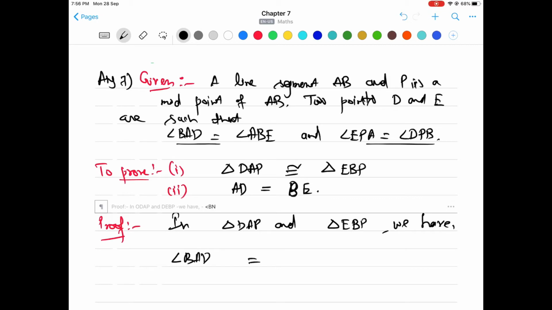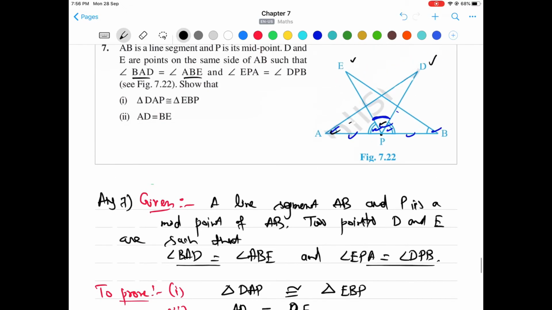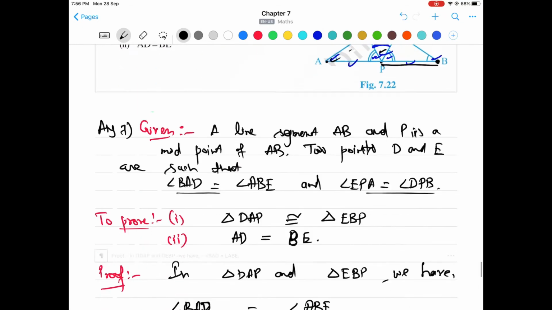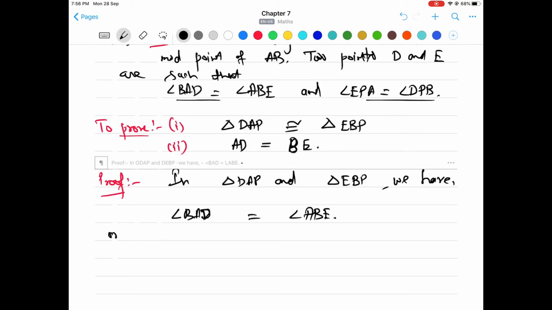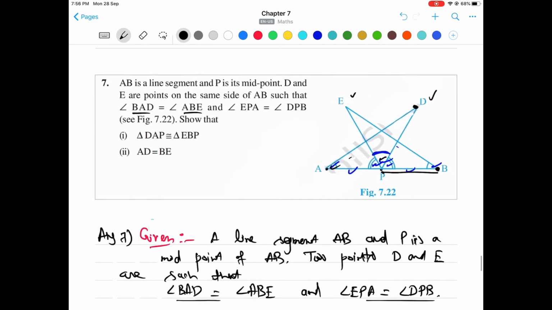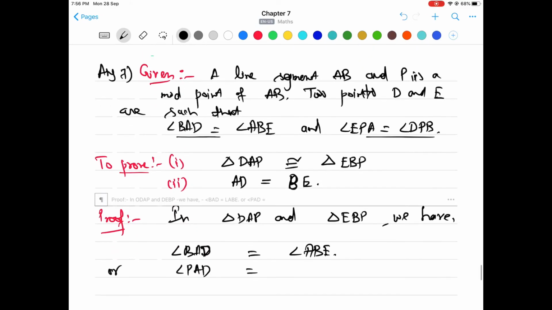we have angle BAD equals angle ABE. Okay, we can write this angle BAD, starting from here, reduced till point P, so we can write angle PAD. Similarly, this ABE can be reduced to PBE, which can be written as angle PBE.